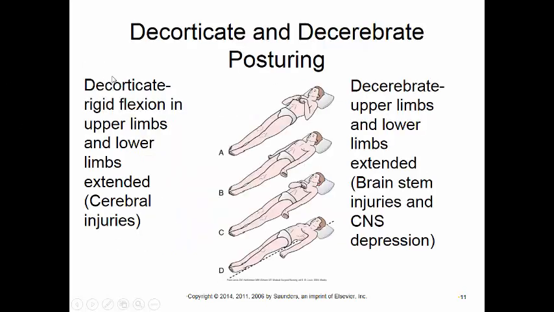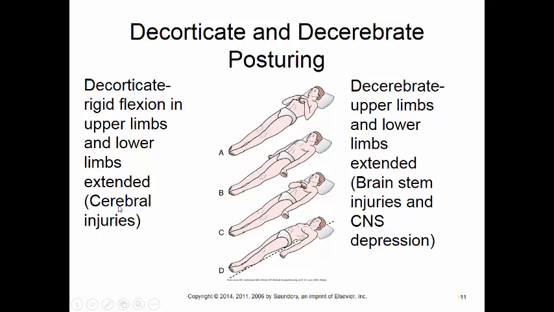So we can see here the decorticate is rigid flexion in the upper and lower limbs. So it's rigid flexion in the upper limbs and the lower limbs are extended. So we can see upper is flexed and the lower is extended.